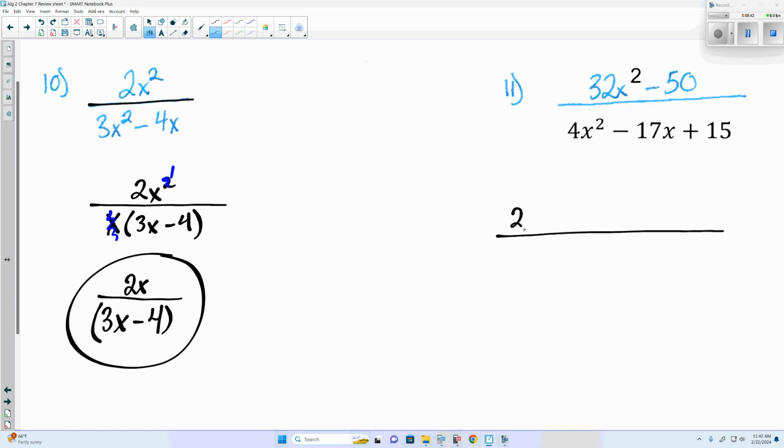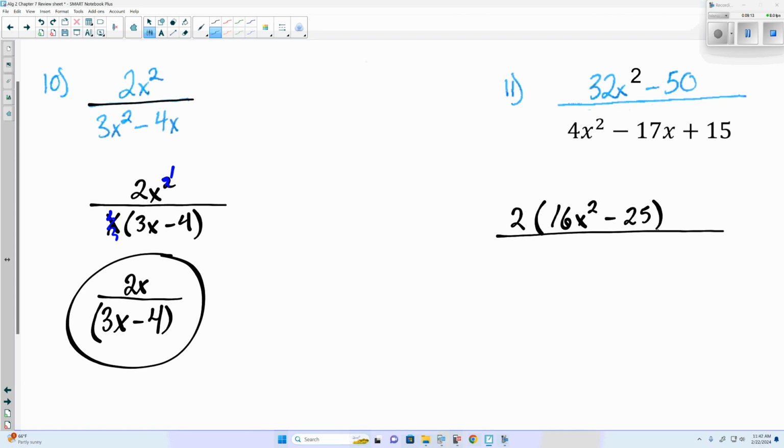We can factor it out, because that reduces 32 to 16x squared minus 25. Is there another number that goes into 16 and 25? No. So that was the greatest common factor.